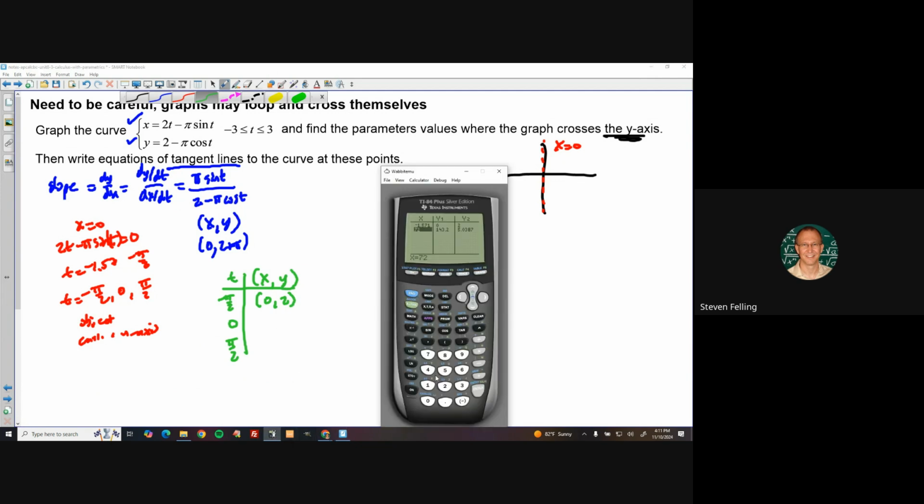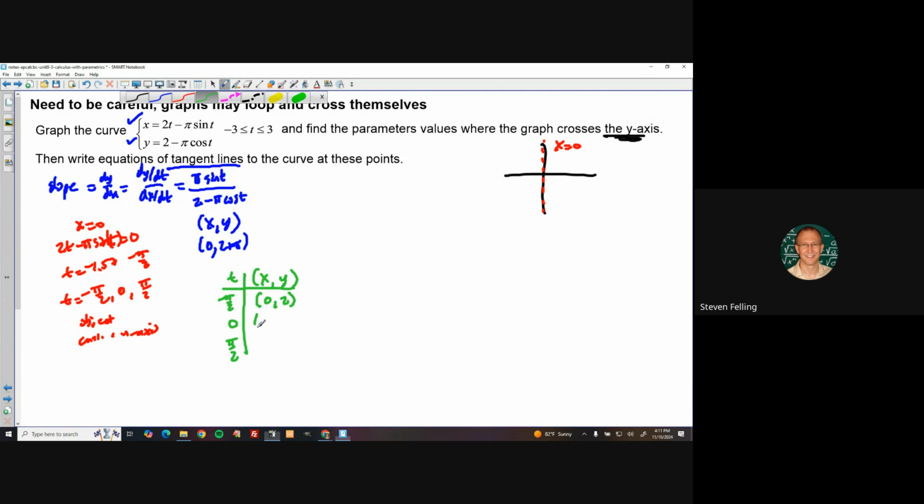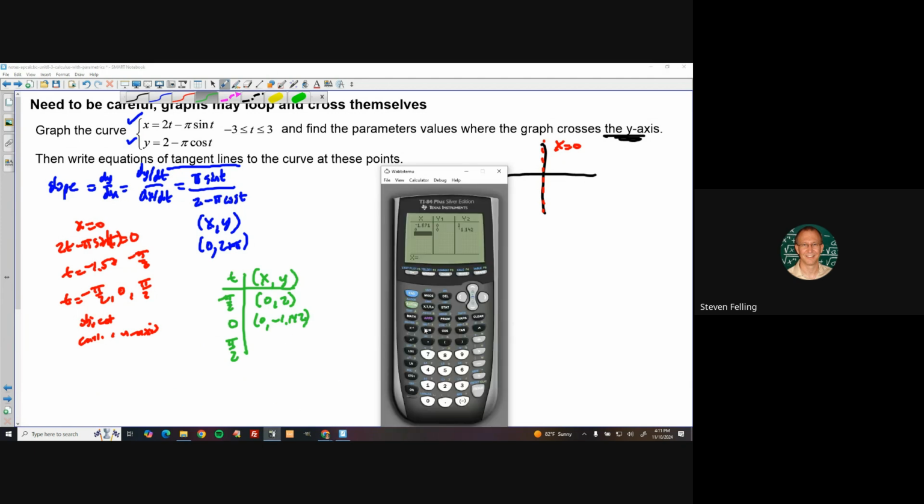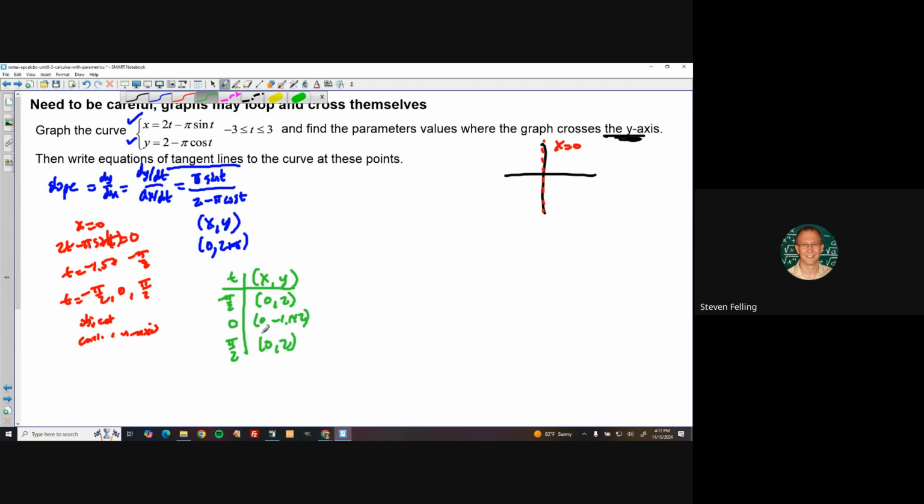I could also plug in 0 here, and that would give me 0, negative 1.142, and then if I plugged in positive pi over 2, that's going to give me 0, 2 again. Okay, so this means that both of these two times, the object is at that same location, 0, 2.